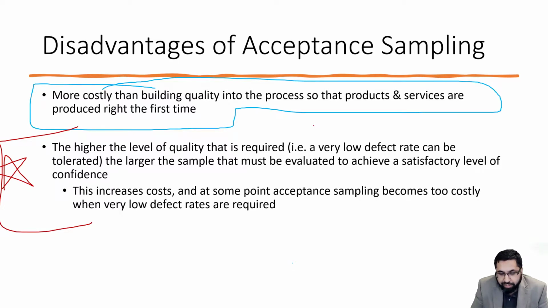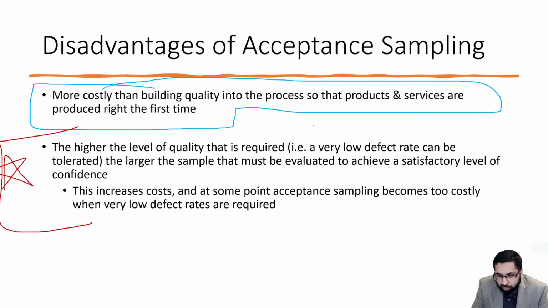So if your defect rate is like 0.01%, you're going to need a bigger sample from the batch to figure out whether this batch is defective or not defective overall, right? So you have to take a bigger sample the lower the defect rate, which kind of defeats the purpose.